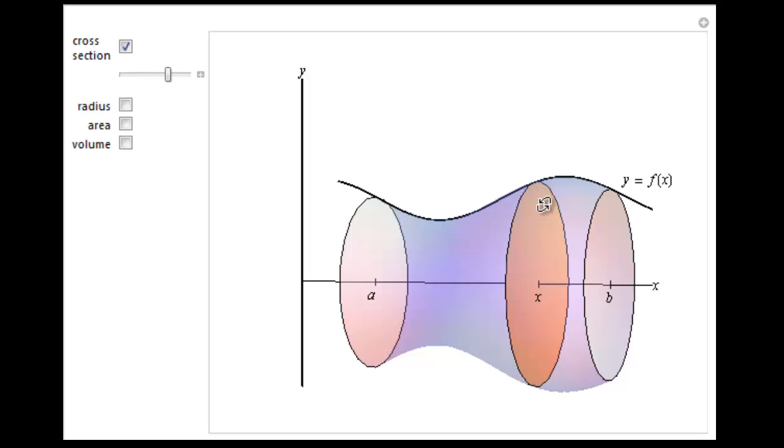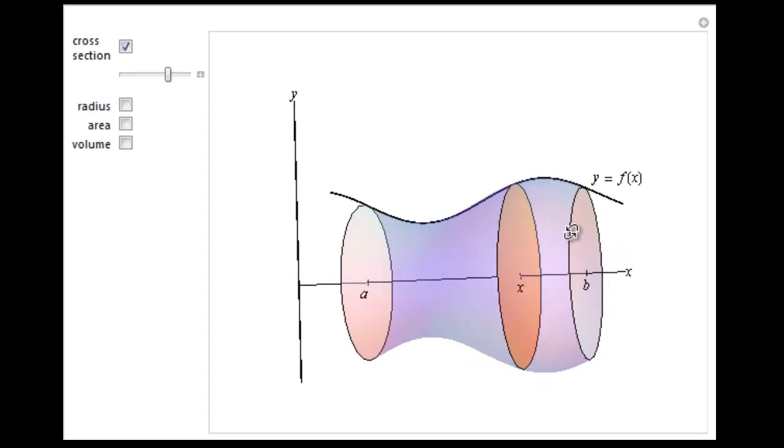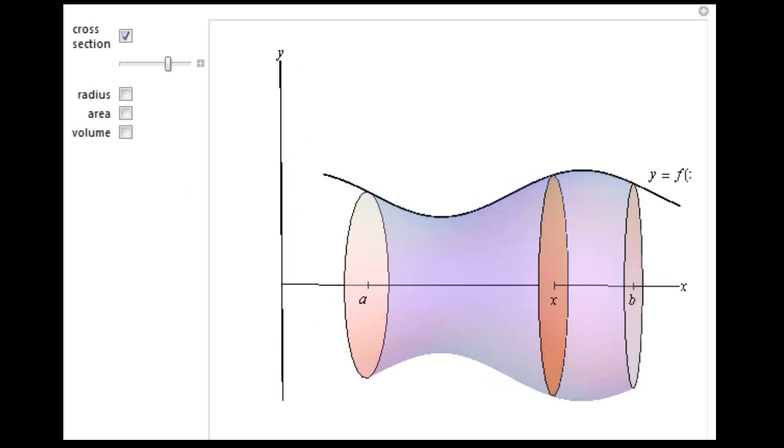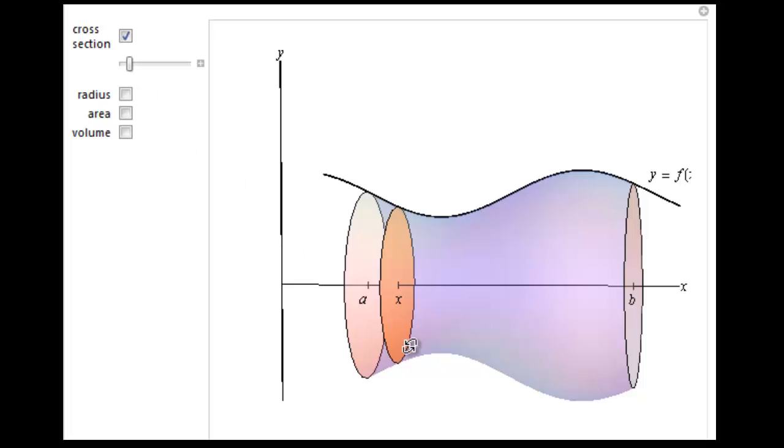Well, that's the value of the function at whatever value of x we are. So what we do is we make a disk, and this disk right here, we're going to move over and make it a smaller disk, has width of whatever the change in x is from this circle to this circle.